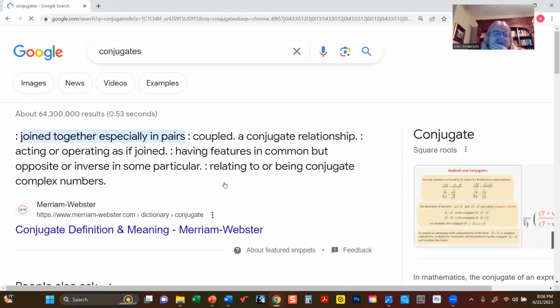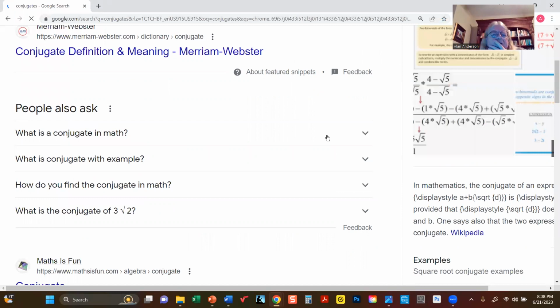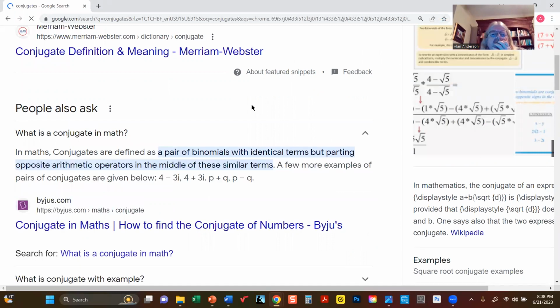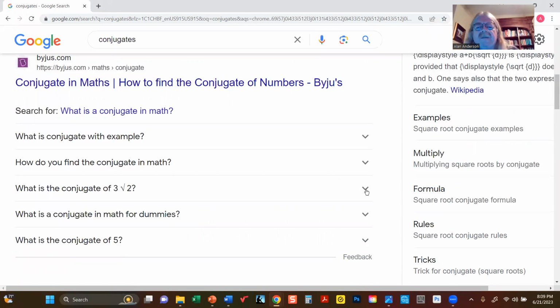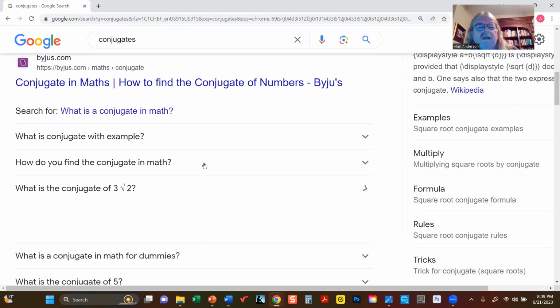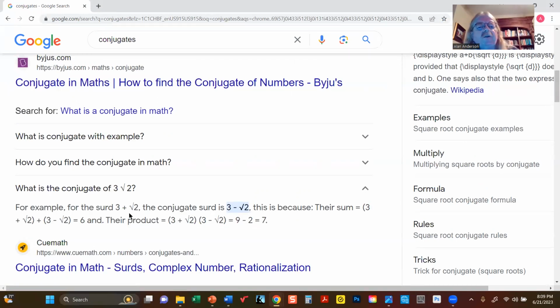Now, okay. I guess I should have been more specific. A pair of binomials with identical terms but opposite arithmetic operators. In other words, it's more general than what we're seeing here. What they're suggesting is that it doesn't have to be square roots. So, for example, radical 3 plus radical 2, the conjugate of that would be radical 3 minus radical 2.